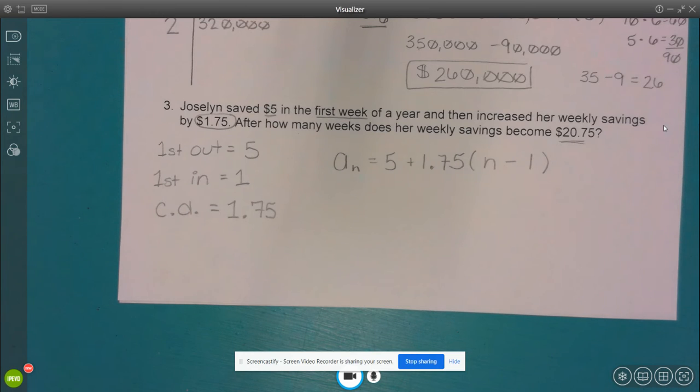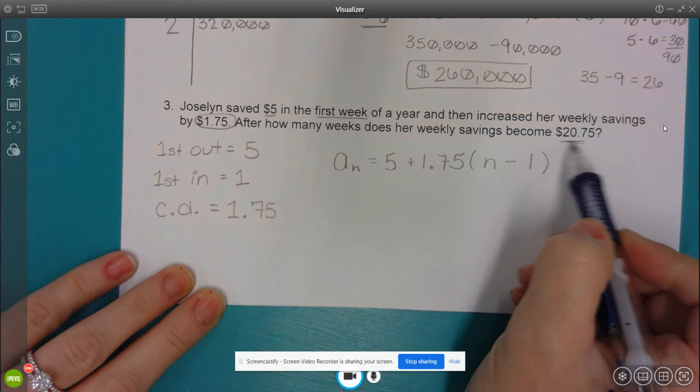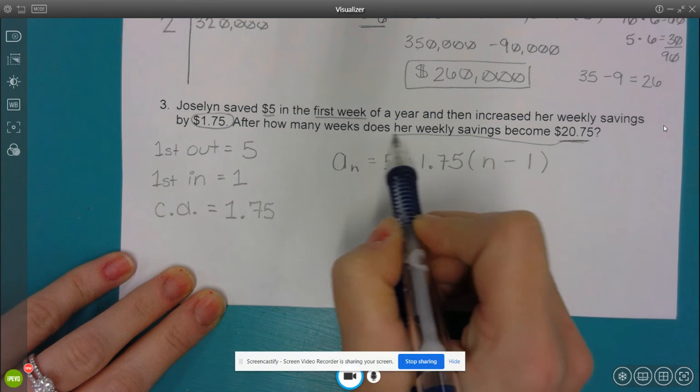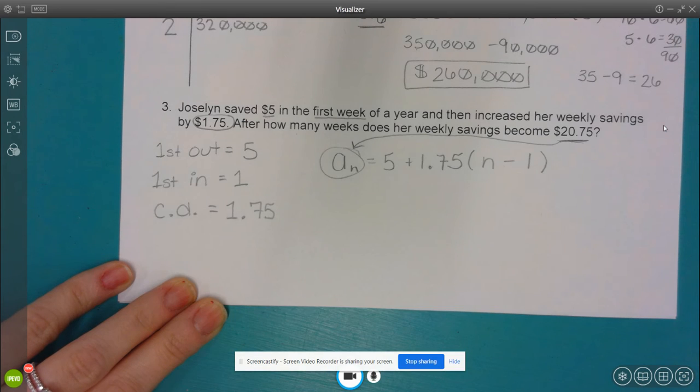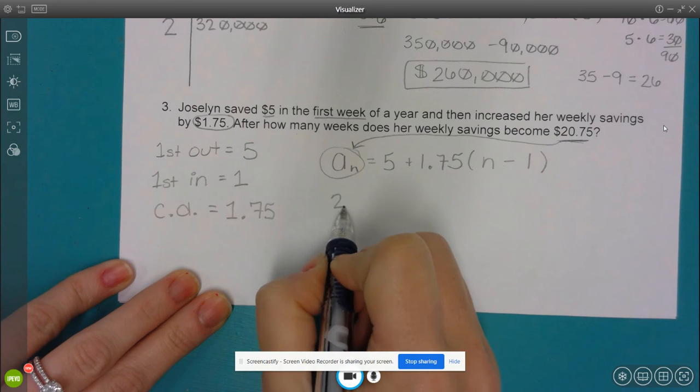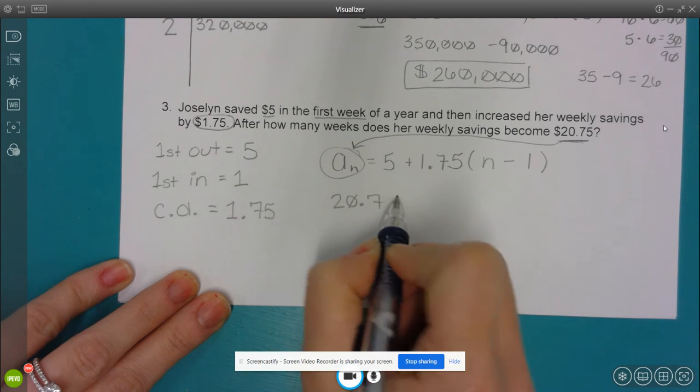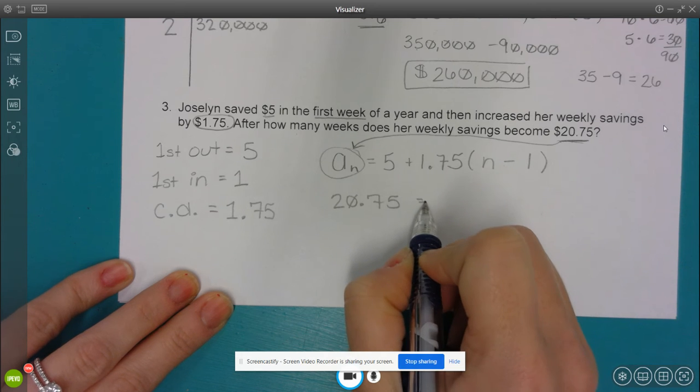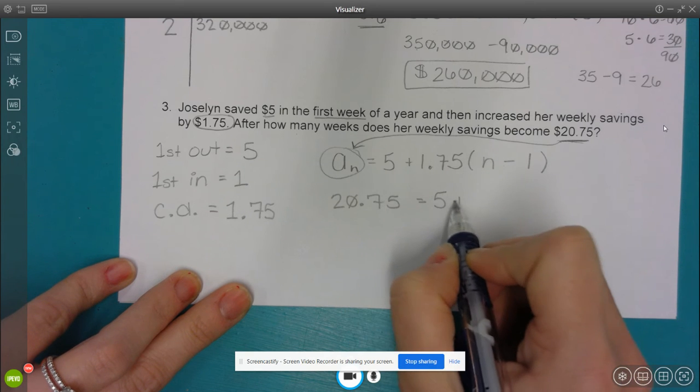Now, a sub n is my output, which is a dollar amount. So this dollar amount here is going to replace a sub n. My goal is to find the number of weeks, so I'm solving for n.